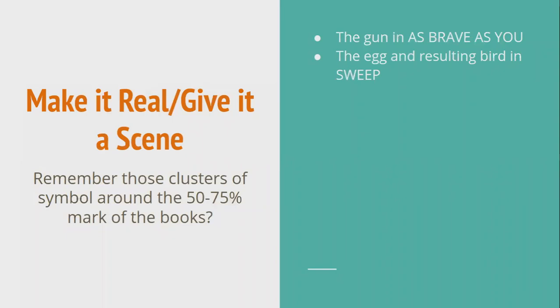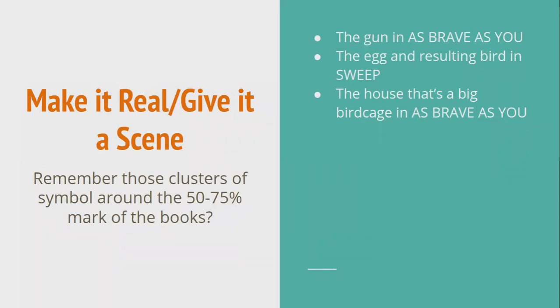So these are times when the symbol gets to have a scene that is centered around it, or a chance to become real and bigger than life. So in As Brave as You, the thematic symbol is bird cages, but there's one big scene with an abandoned house where they found lots of bird cages, but birds live in this abandoned house.